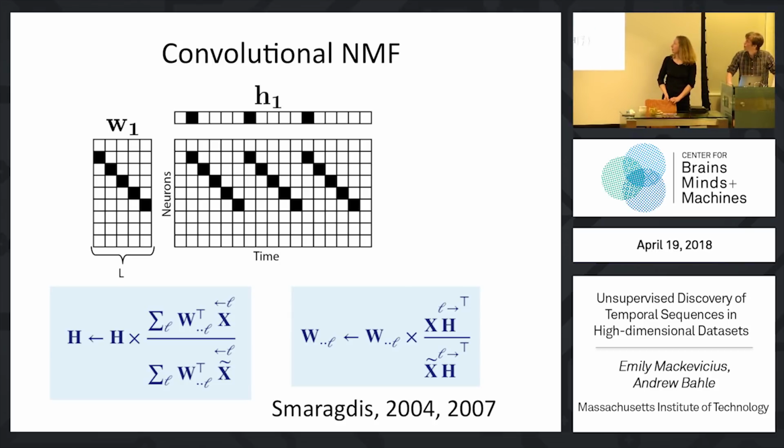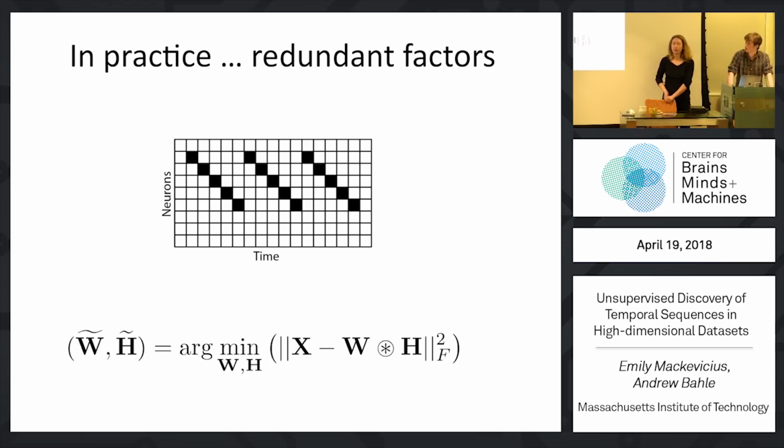The problem that we ran into when we were first trying to apply this is that, especially when you don't know how many sequences exist in your data, you tend to get redundant factorizations. I'll show an example of what I mean by this.